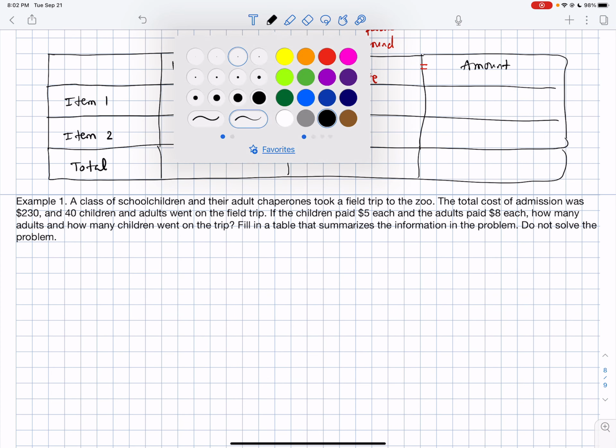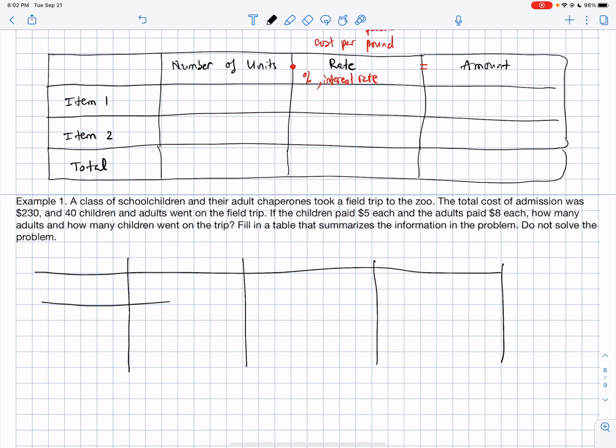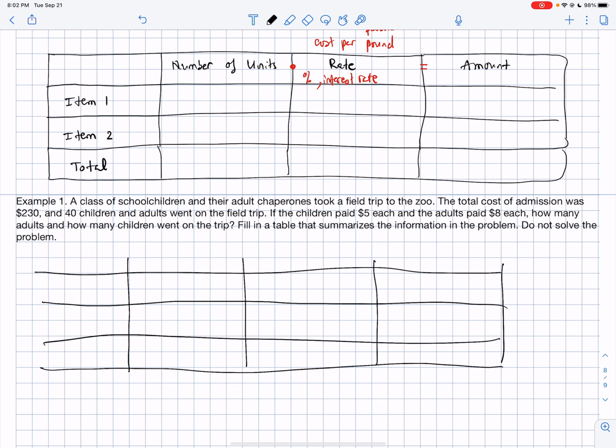So we're gonna make the table. In this case, they're talking about children and the adult. So children and adult.